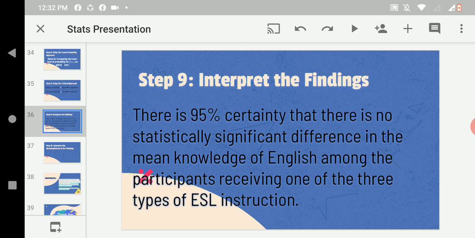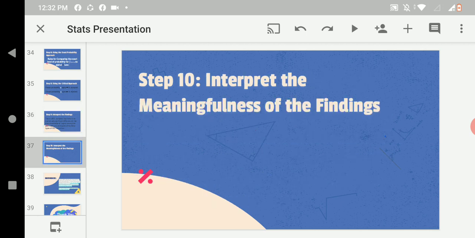Okay. After that, we have to interpret the meaningfulness of the findings. In the book of Turner, you can see how she interpreted the meaningfulness of the findings. She included the critical value, the difference, the mean squares between, the mean squares within, and the values that you got.